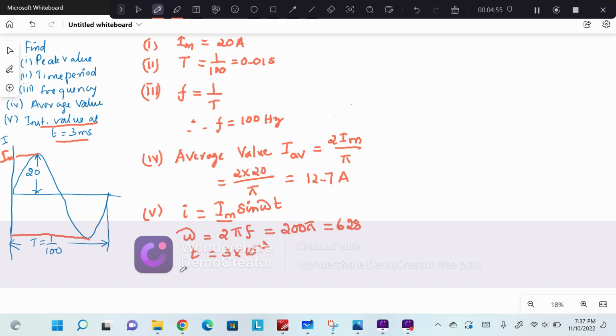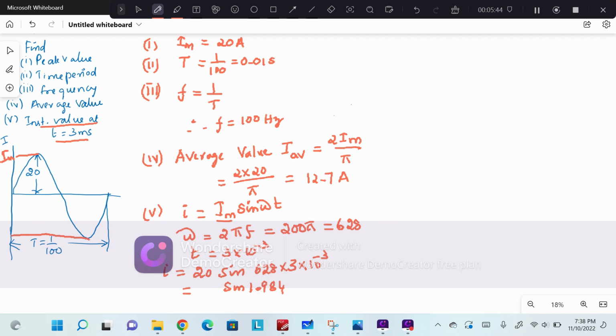So substituting these values in the formula, Im is 20 sine of 628 into 3 into 10 power minus 3. 628 into 3 is 1984, and into 10 power minus 3 it is 1.984.